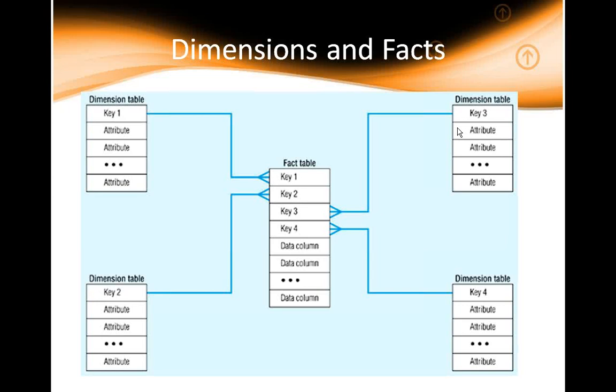So in the star schema, fact tables are connected to dimension tables. In snowflake schema, fact tables are connected to dimension tables, but the dimension tables are further connected to other dimensions. That is what we call slightly normalized data.